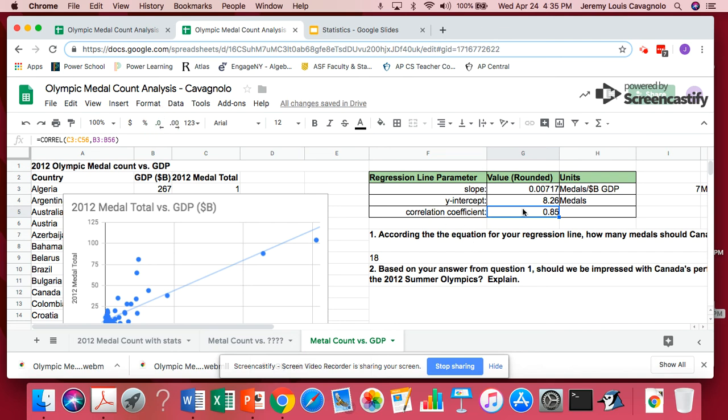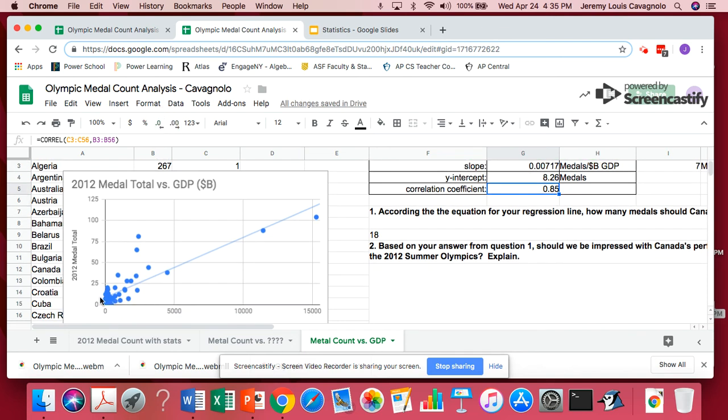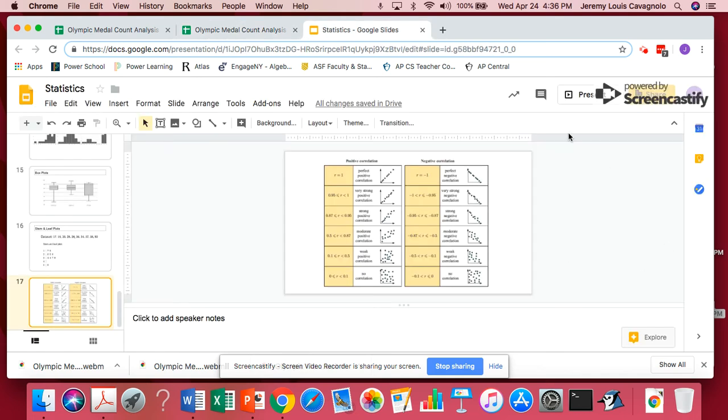And we get a correlation coefficient of 0.85. It's positive, which you might have guessed by just looking at the line here. And to be honest, that number is a little bit higher than I expected based on how this data is spread out. But let's go back to our slide and see what a correlation coefficient of 0.85 means.